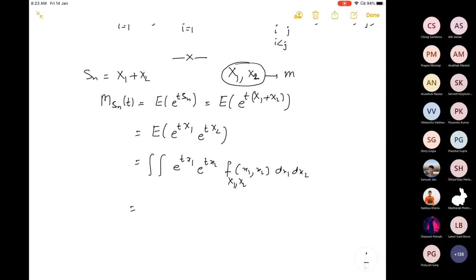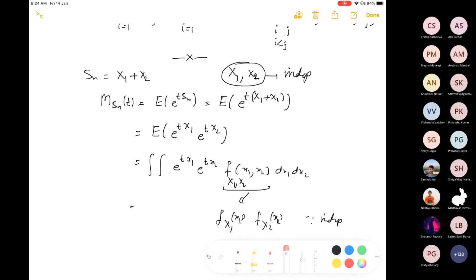Now x1, x2 are independent. That is given to us, let us say. Okay, so then the joint density will be the product of their marginals because of independence.